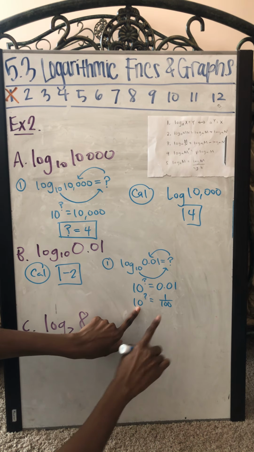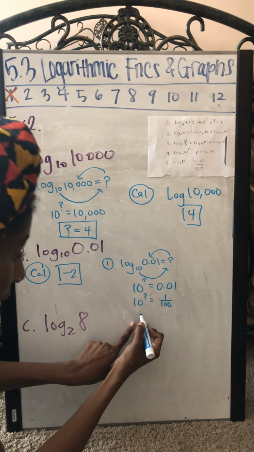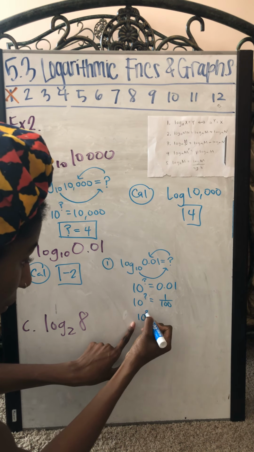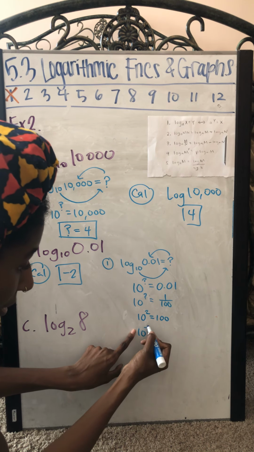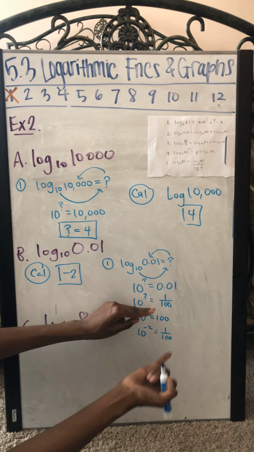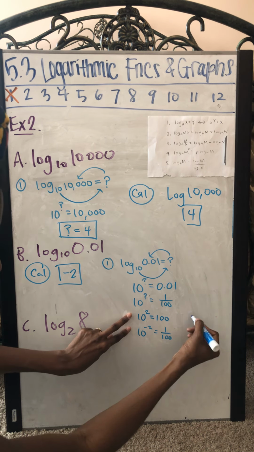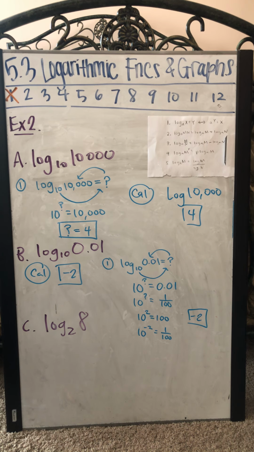So essentially 10 raised to what would give you 100? That's 2, right? So we know that 10 raised to the 2 is 100, which means that 10 raised to the -2 has to be 1 over 100 because it's the reciprocal. Does that make sense? So again, our answer here would be -2, okay?